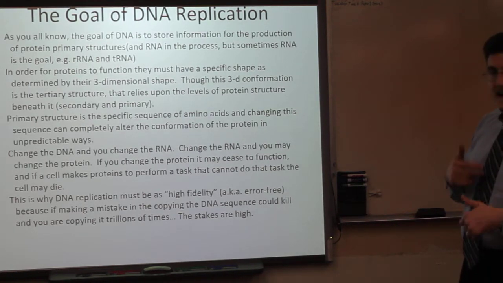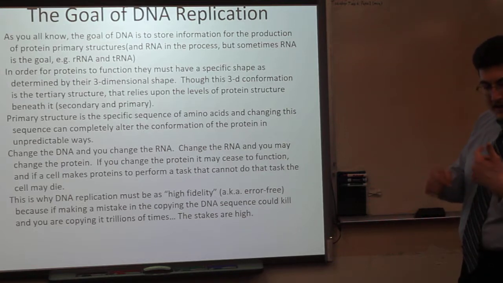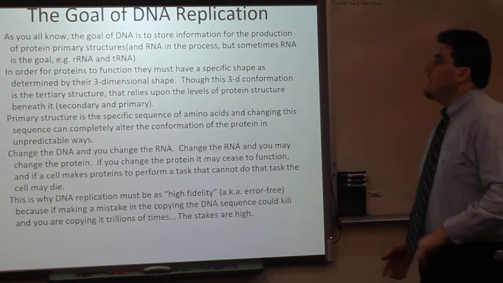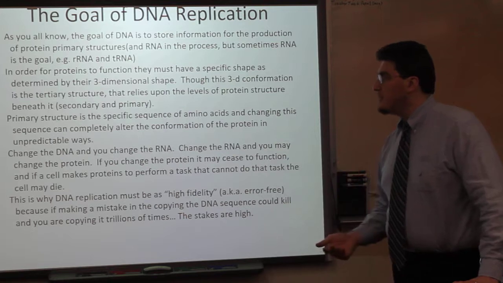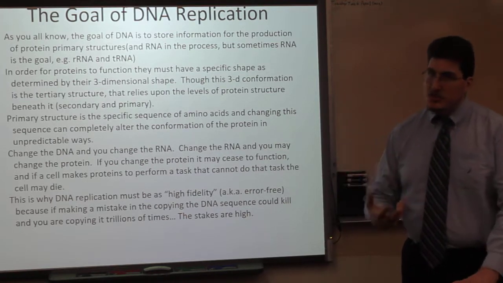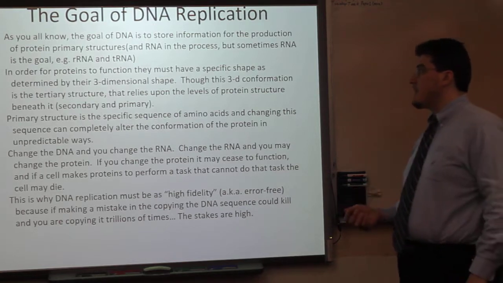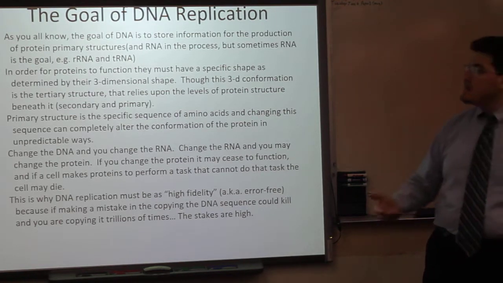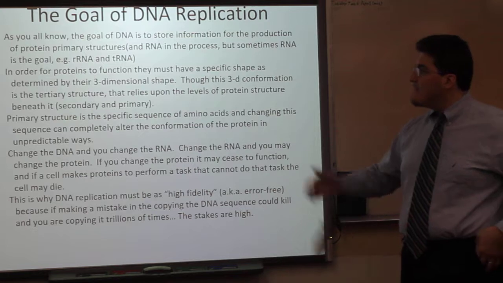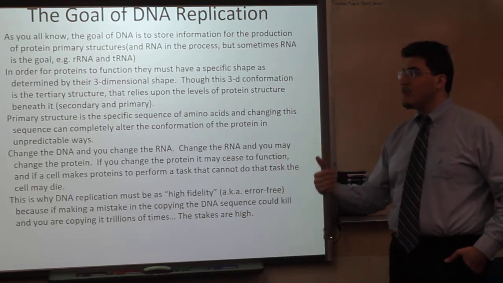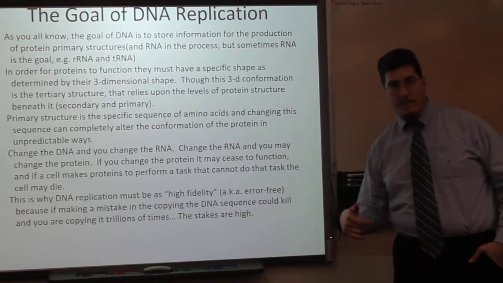So mRNA is a product that is used as an intermediate. In order for proteins to function, they need to have a specific shape that's determined by their 3D conformation, their tertiary structure. So this 3D conformation through the tertiary structure relies upon the levels of protein structure beneath it, the secondary and the primary.